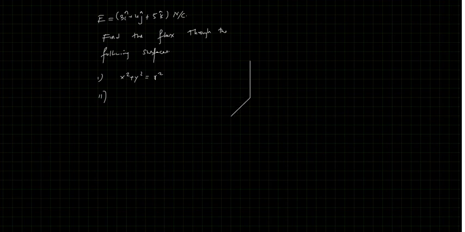If this is our coordinate plane, I'm keeping one circle in each plane, and you need to determine the flux through these different surfaces. The second one would be y square plus z square is equal to r square. The third one is x square plus z square is equal to r square.